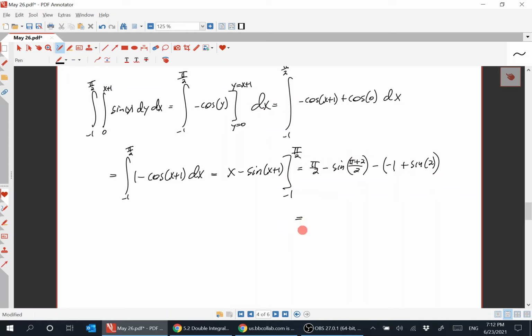So we get pi over 2 plus 1, which is pi plus 2 over 2, minus sine of pi plus 2 over 2 minus sine 2.